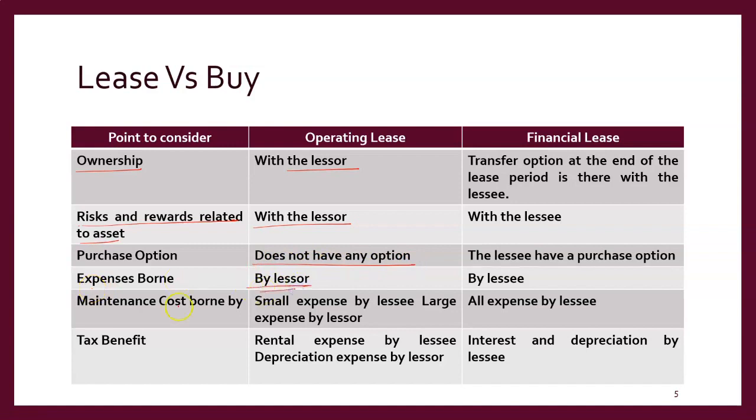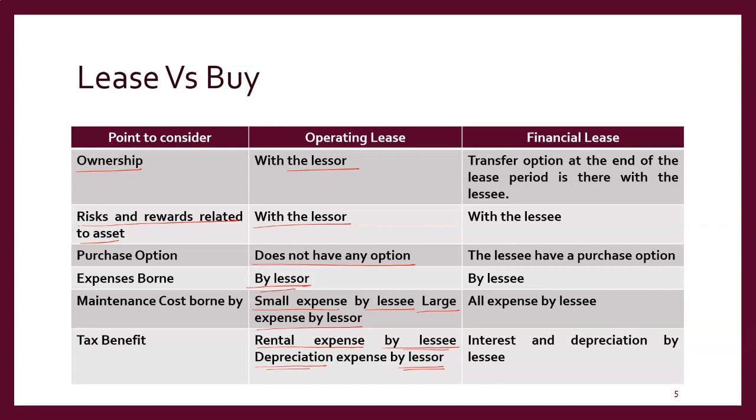Any maintenance cost, if it's a small expense, will be taken care of by the lessee, but any large expense has to be taken care of by the lessor. The tax benefit is the rental expense paid by the lessee, who gets the tax benefit. Any depreciation on the asset will be taken by the lessor.